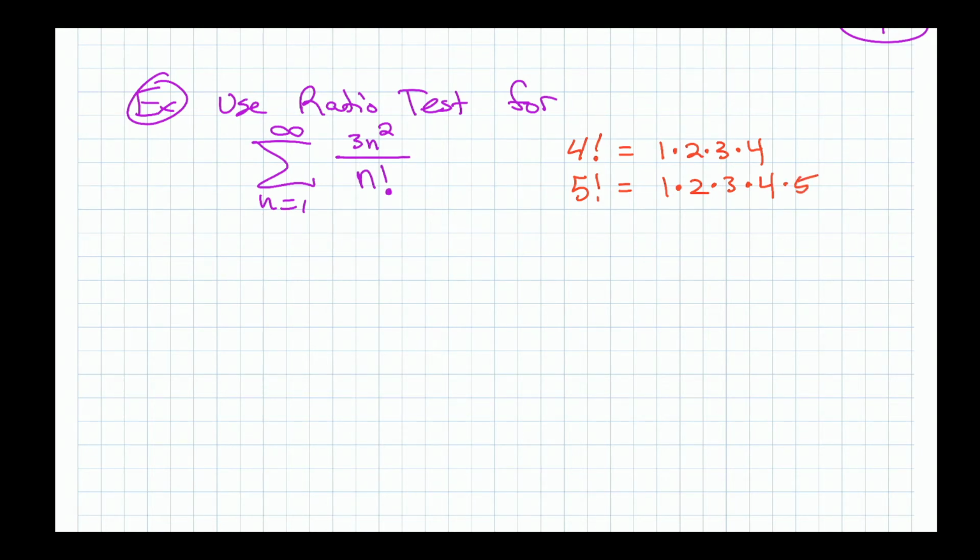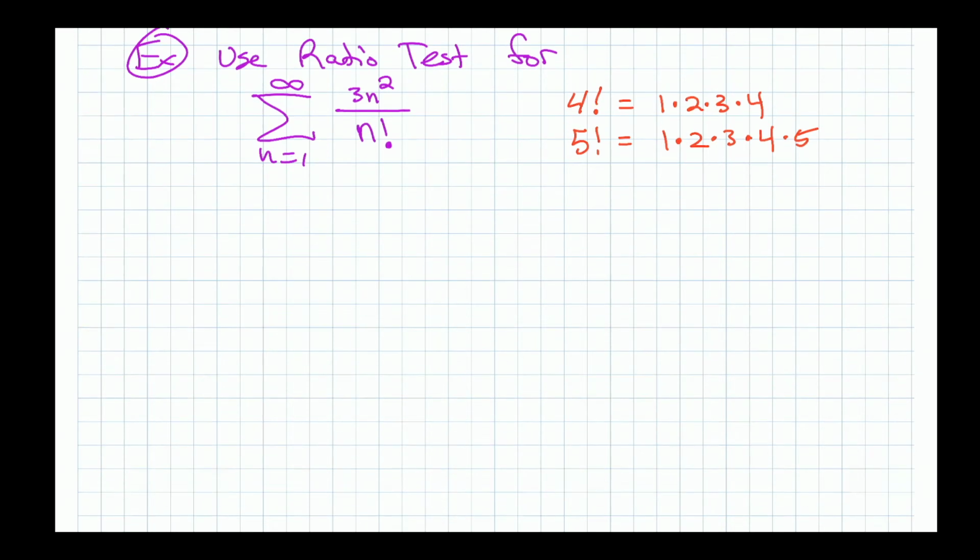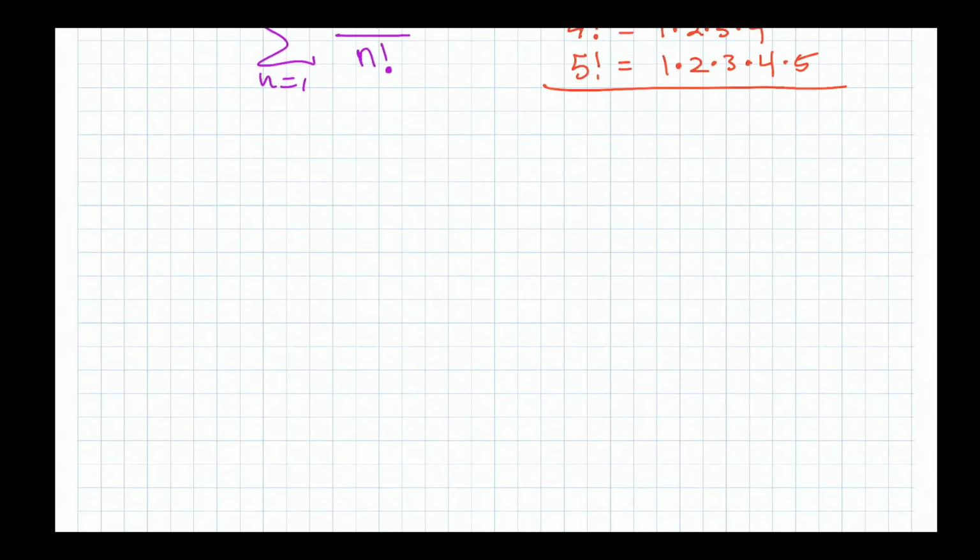And the reason I'm writing these down is because if you have a factorial, like 5 factorial, you can write it as 5 times 4 factorial, because the 4 factorial is numbers 1 through 4, and then if you add the 5, you get a 5 factorial. So you can split off the top number.